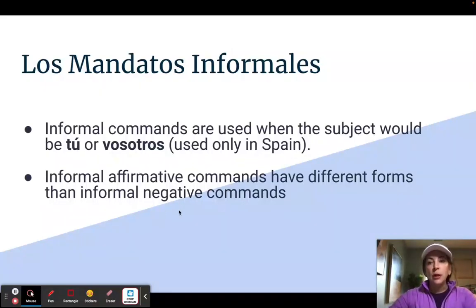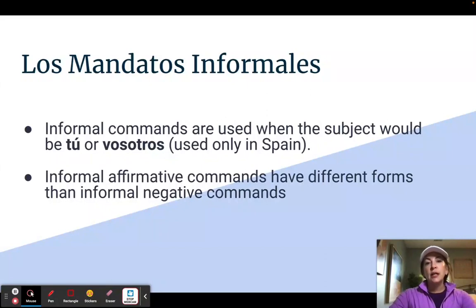So these are the ones when the subject would be tú or vosotros in Spain. So the informal affirmative commands, when you're telling someone to do something, have a different form, different rules than the informal negative commands, when you're telling someone don't do something, okay?